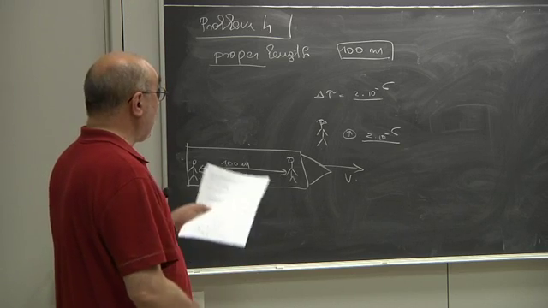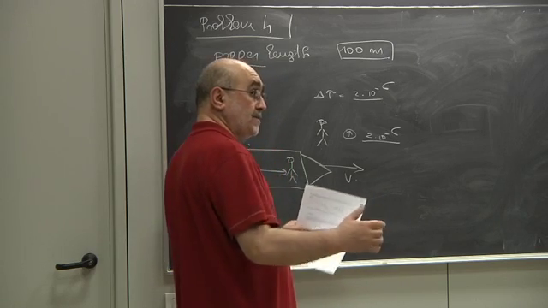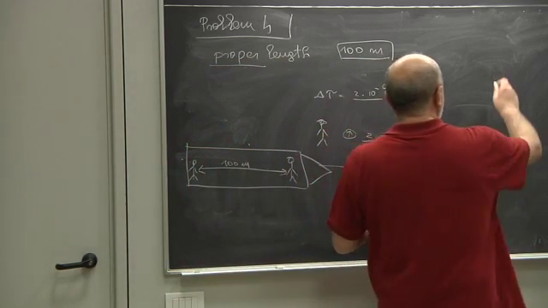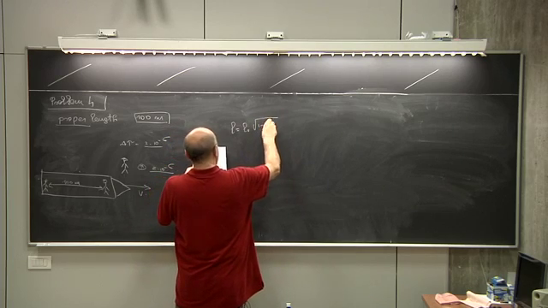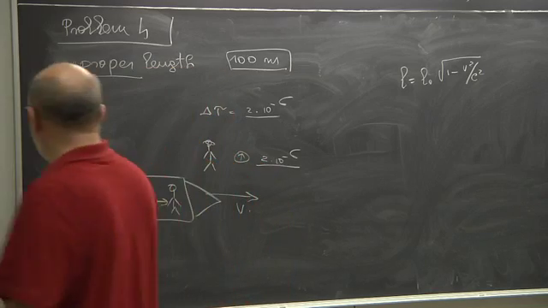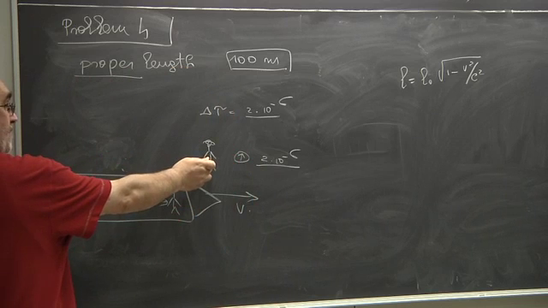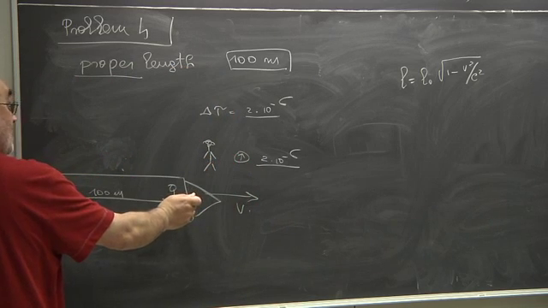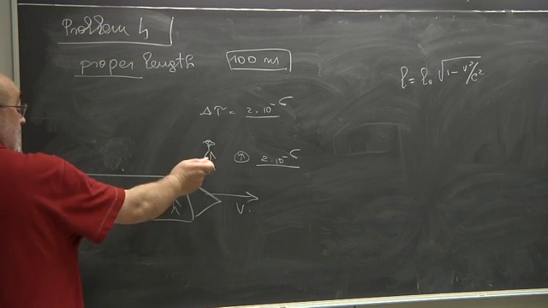Now, for sure, he will see a contracted length with respect to the proper length. So the length he sees is L0 times the square root of 1 minus v squared over c squared. You can imagine that if you consider this at rest, it's in a moving frame, so you see a contracted length.